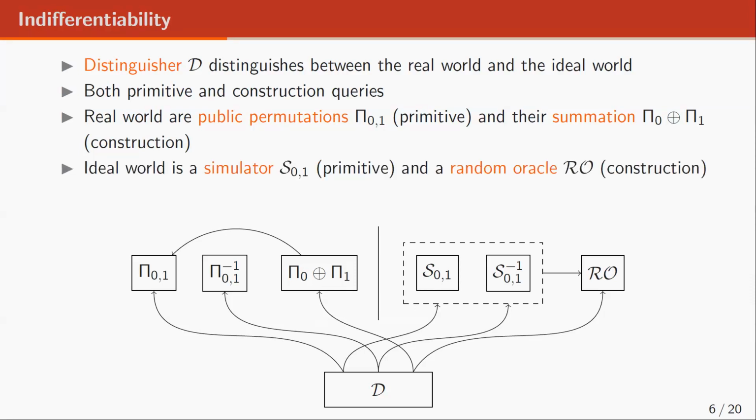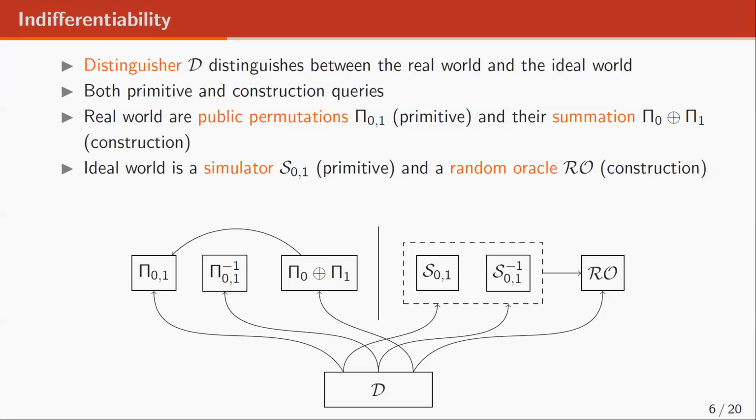And in the ideal world, it is a bit different. What we want is for this construction to look like a random oracle. But a random oracle doesn't have an implementation, so what we have to do instead is define a simulated primitive. We have to define the simulator ourselves, and it should behave like a random permutation, but it should also be consistent with the random oracle.